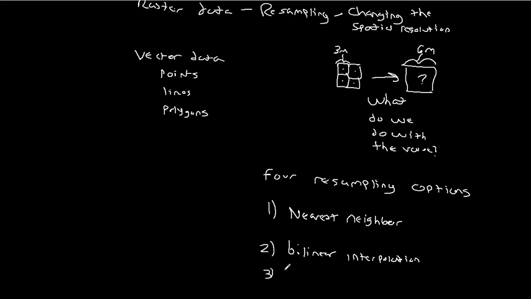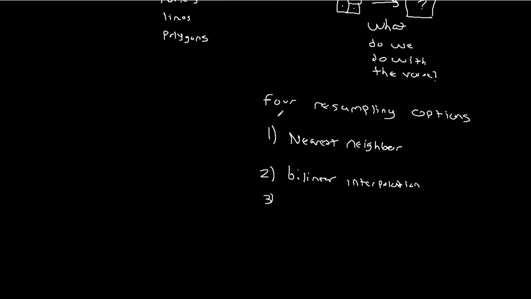The third is called cubic convolution. And the fourth is normally referred to as majority. You might see it called some other things, but essentially it's just a majority.